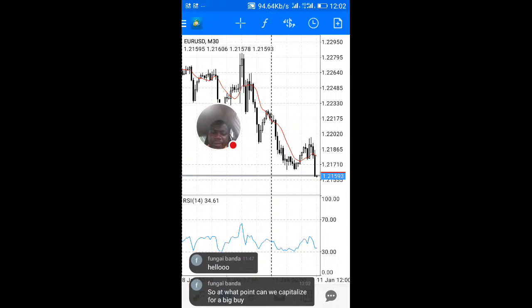From fungi, so at what point can we capitalize for a big buy?